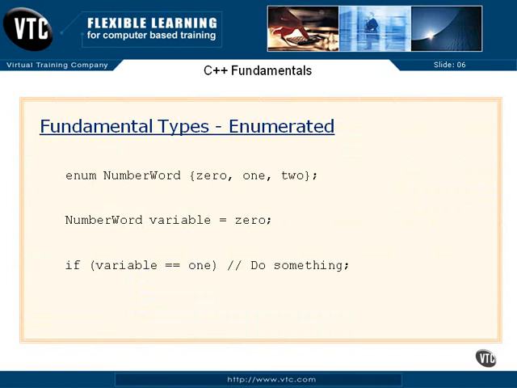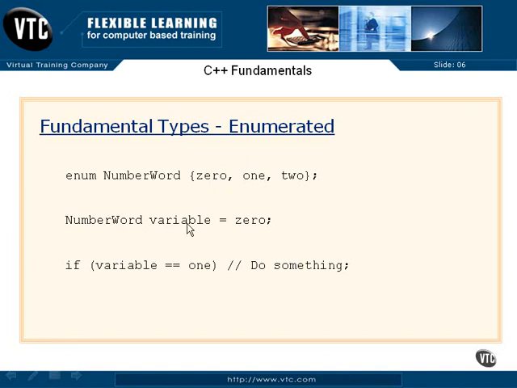And now here's an interesting one, the enumerated type, or enum. Here we make a new type. This is going to be a brand new type. It's going to be like an integer or a character or one of the base types that's in the language. We use enum, and here we're going to create something called a number word. Number word will be equal to 0, 1, or 2, these values. And that's exactly what it does. It assigns 0 to the first one, a 1 to the next one, 2 to the next one. So these words will, in our case here, happen to represent the numbers that are assigned to them.